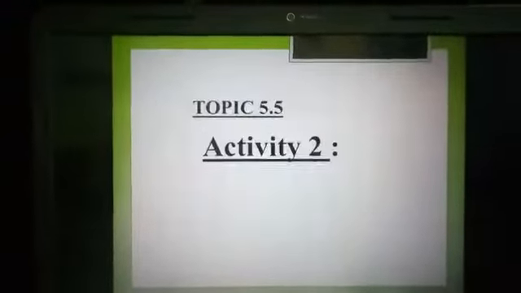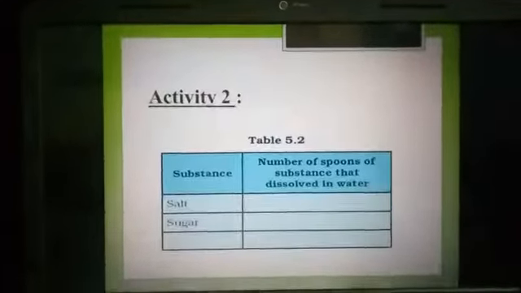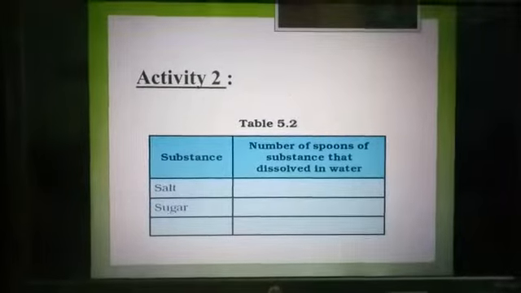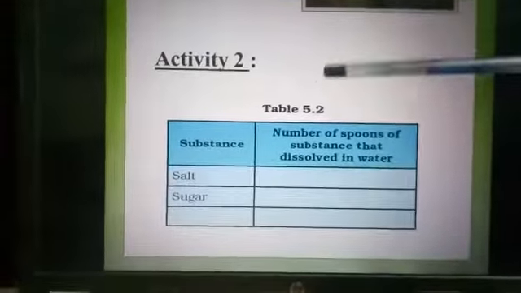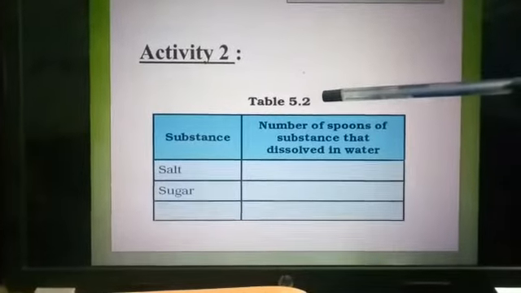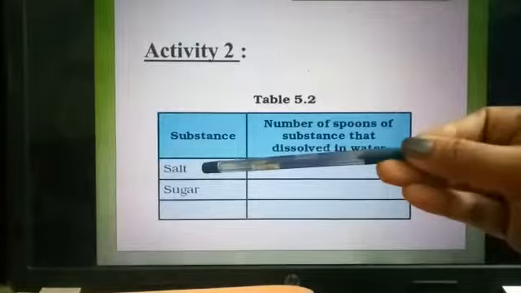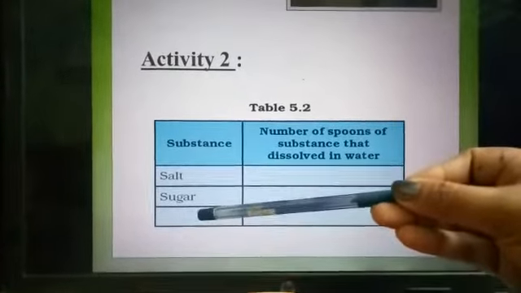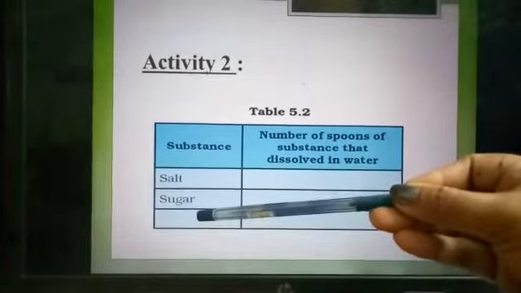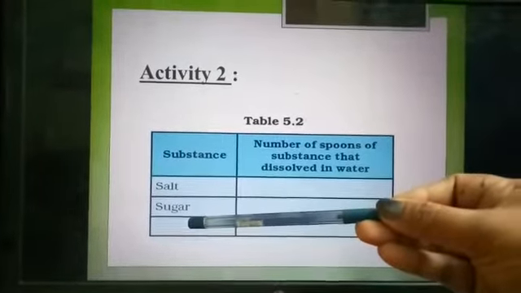And now next our topic is 5.5, activity number 2. The activity which I have performed here, the same activity you have to perform at your home. Here, ये आपके पास table 5.2 है from your textbook. Substances, salt and sugar. I have performed with respect to salt, and at your home perform with sugar and take one more substance, whether it is dissolving or not.